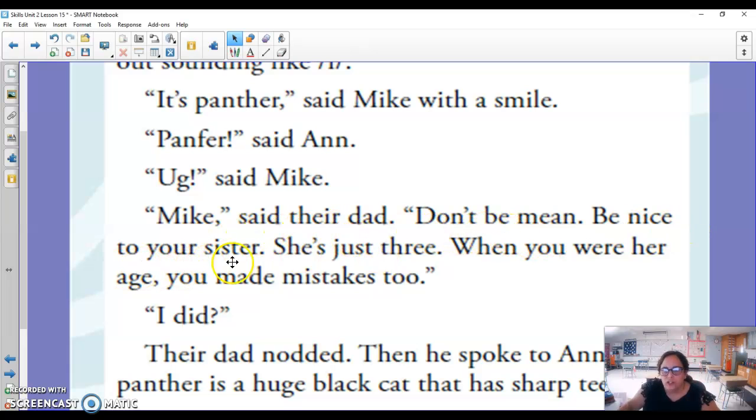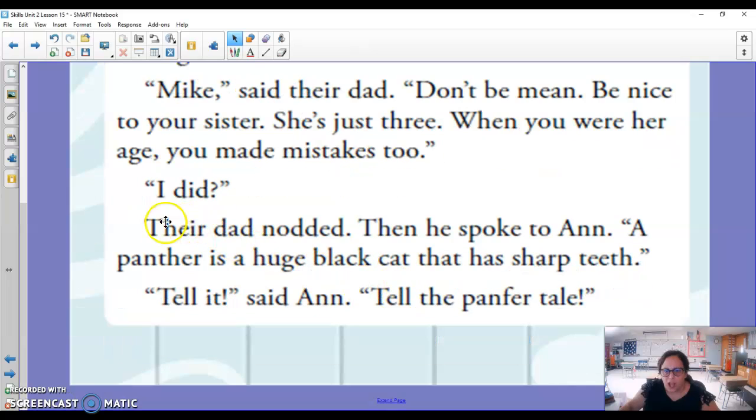Be nice to your sister. She's just 3. When you were her age, you made mistakes too." "I did?" "There," Dad nodded. Then he spoke to Anne. "A panther is a huge black cat that has sharp teeth." "Tell it," said Anne. "Tell the panther tale."